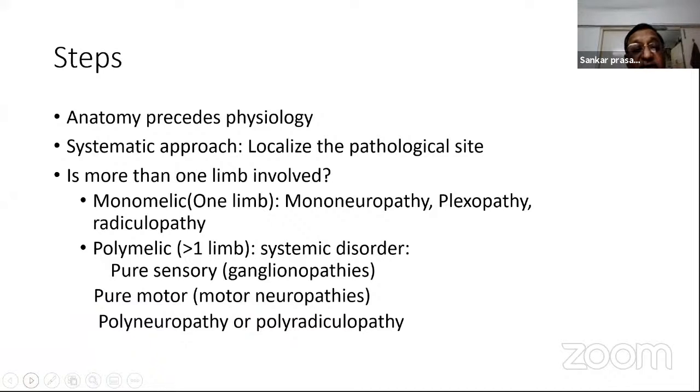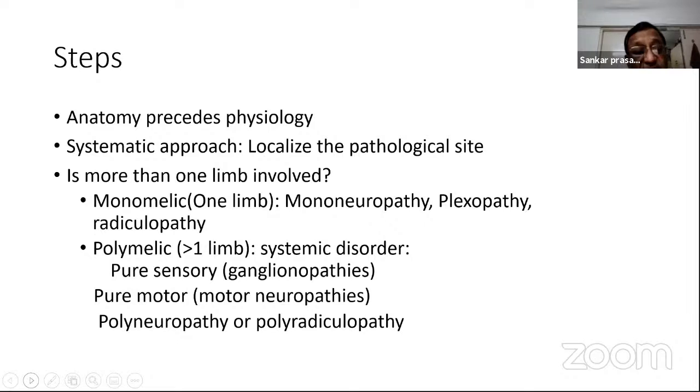First we'll think of anatomy, and then a systematic approach to localizing the pathological site. I'll repeat this in later slides also. What we are encountering, if it involves only one limb, is mononeuropathy, plexopathy or radiculopathy. All three can involve one limb.